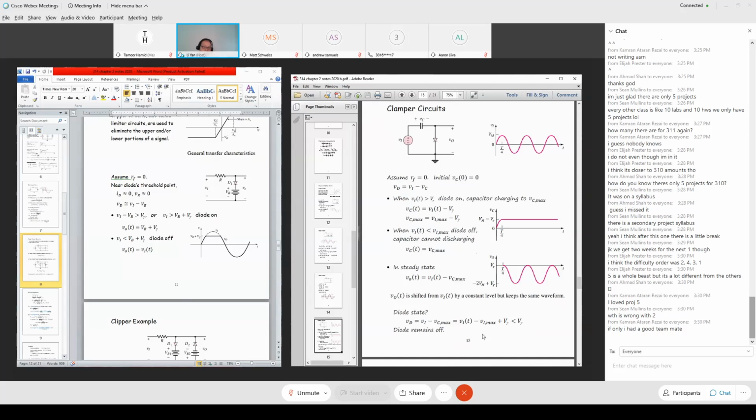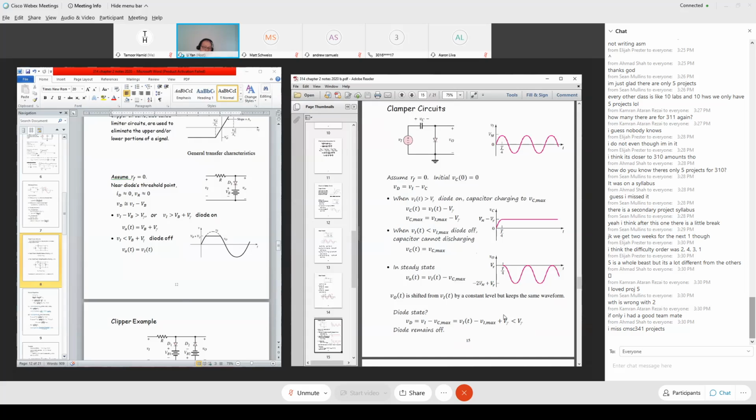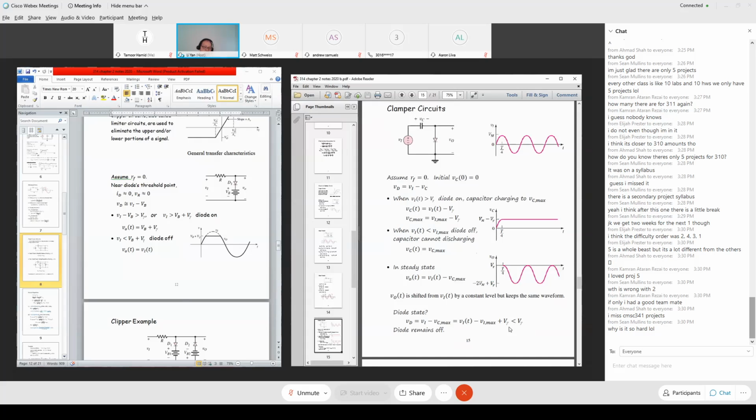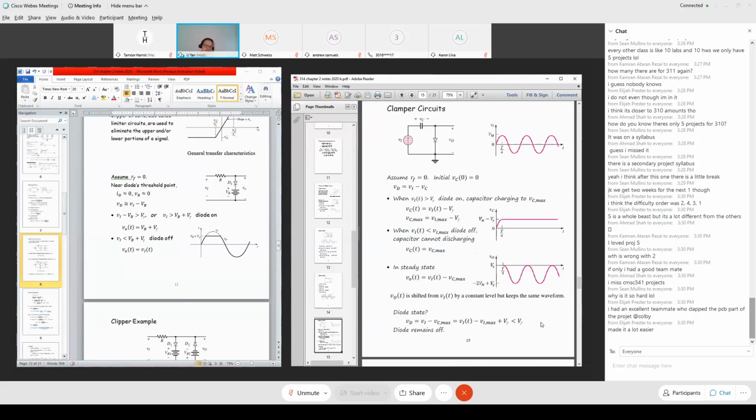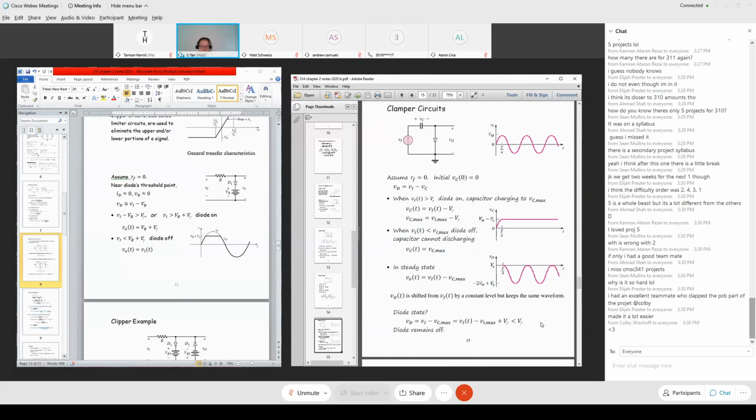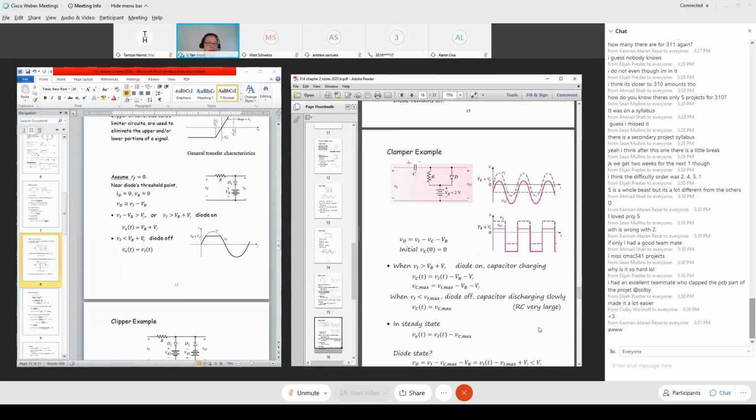In this expression, the first two terms combined are always zero or negative. A negative number added to V gamma is less than V gamma. So the diode voltage is always less than V gamma, and the diode remains off. That's the clamp circuit. Any question? So let's work out another example.